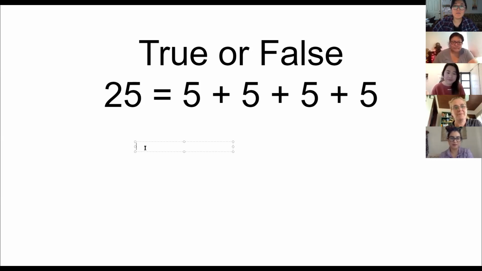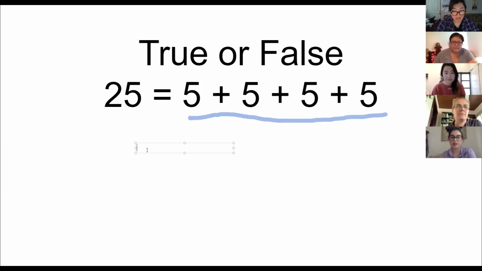So you decided to solve this side of the equation first, and you said 5 plus 5 plus 5 plus 5 makes 20. I'm curious, how did you solve that? Did you skip count?